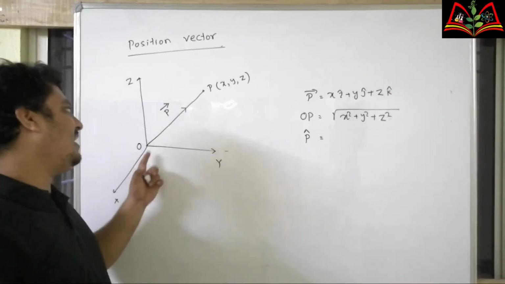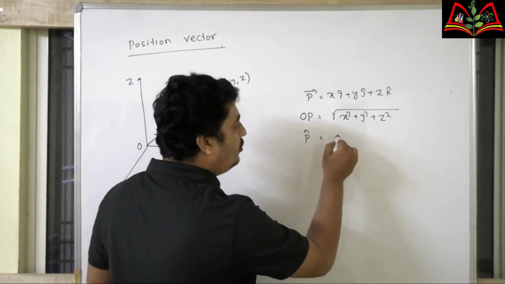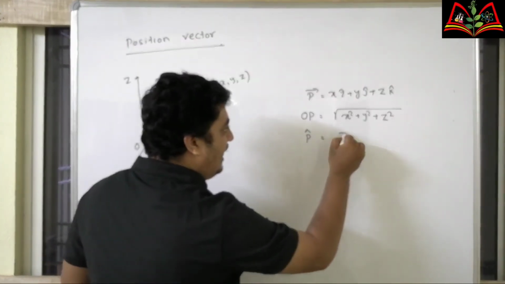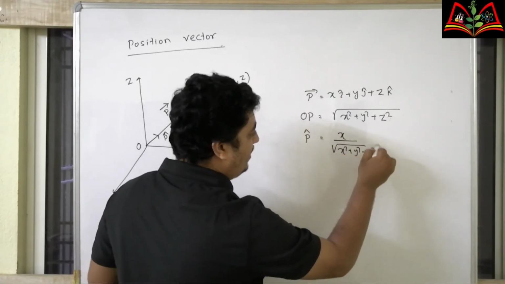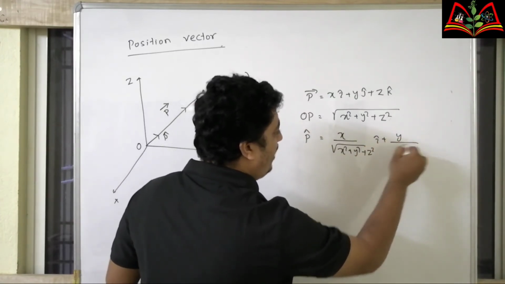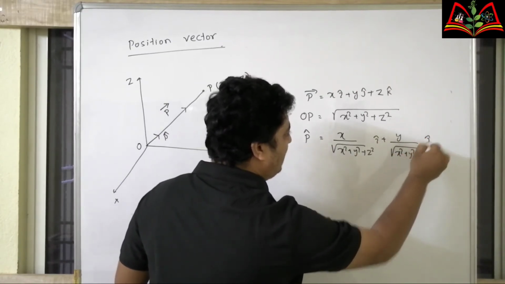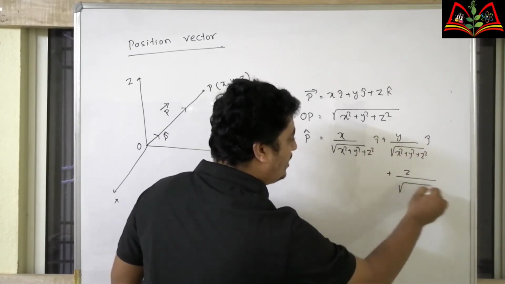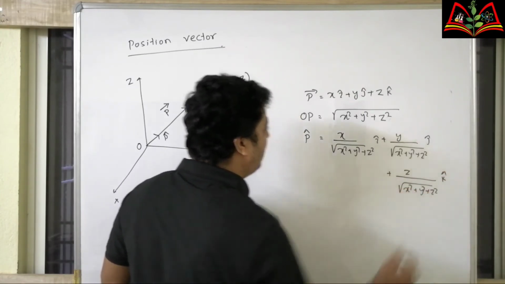and the unit vector p cap will be equal to x by root over of x square plus y square plus z square i cap plus y by root over of x square plus y square plus z square j cap plus z by root over of x square plus y square plus z square k cap.